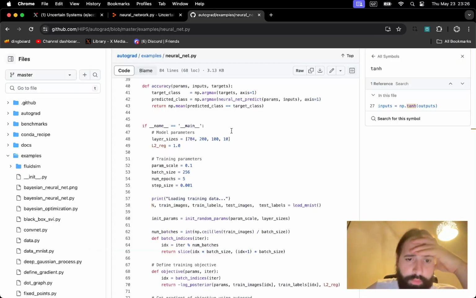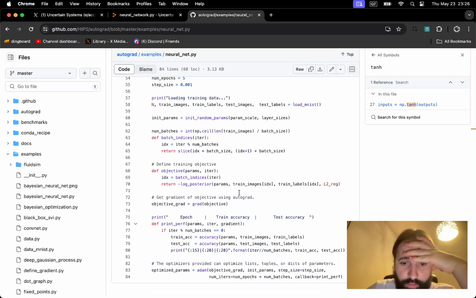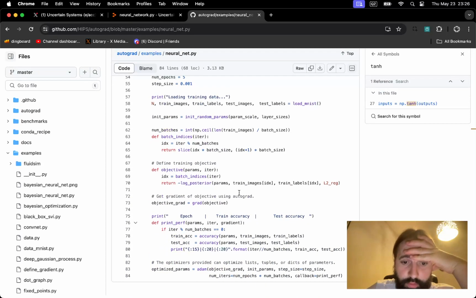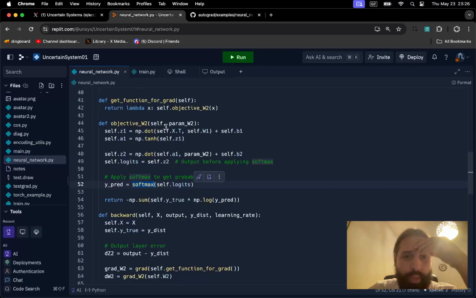So why are we even using softmax to get probabilities?